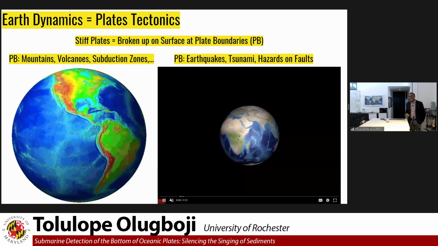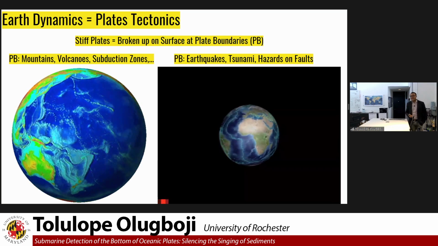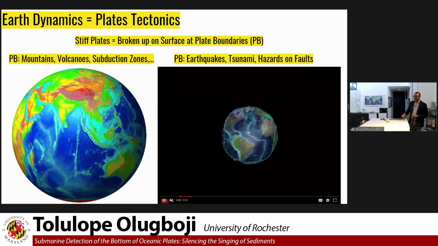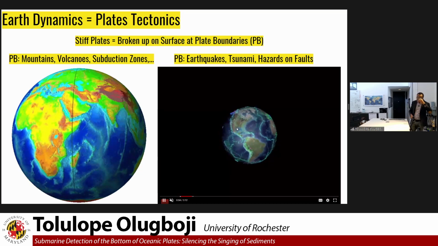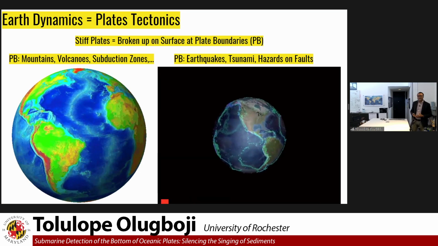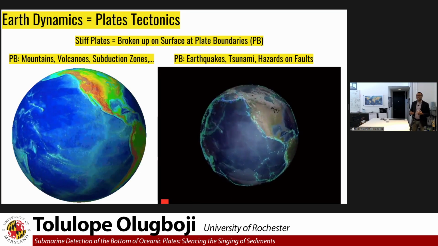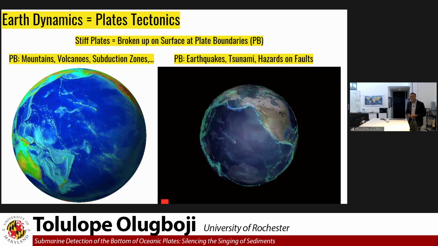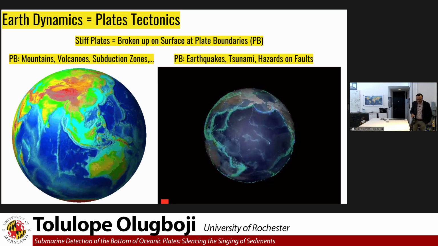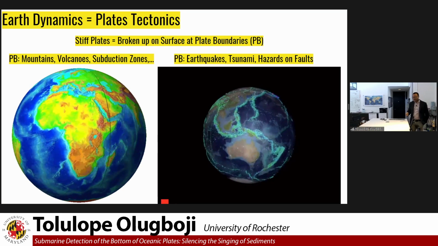The central tenet of plate tectonics is that the surface of our planet is broken up into stiff plates, and all the exciting action happens at the surface boundaries of plates, where one plate meets another plate, slides, builds stresses, creates earthquakes, volcanoes, and all the amazing dynamic activity on the surface of our planet. So the lateral surface boundary of plates tells us a lot about the structure and dynamics of our planet.